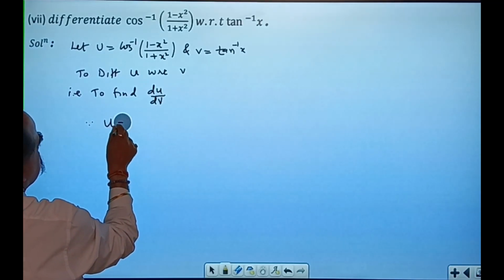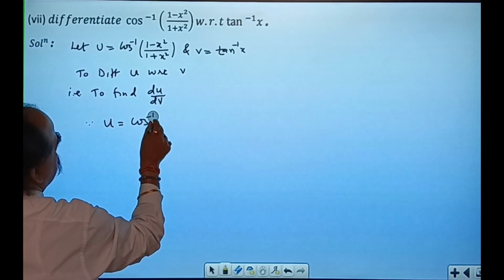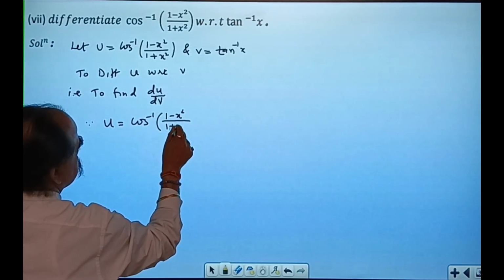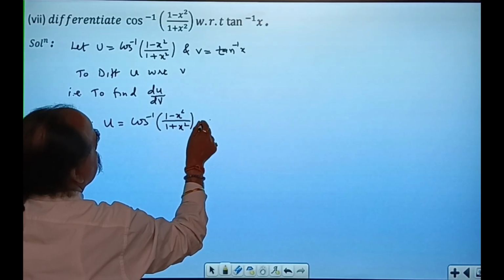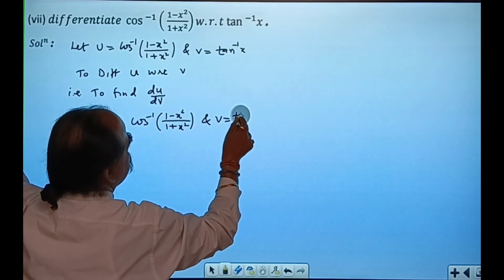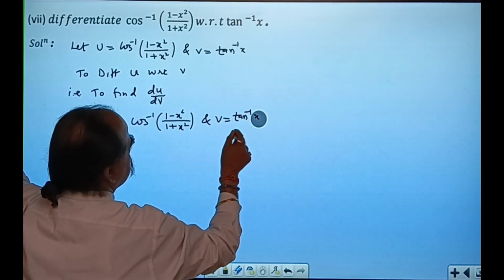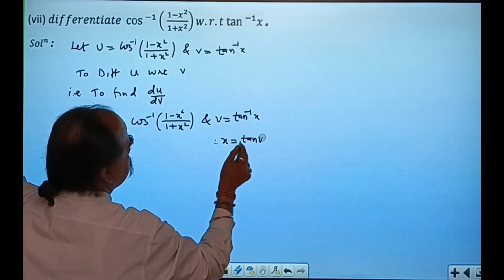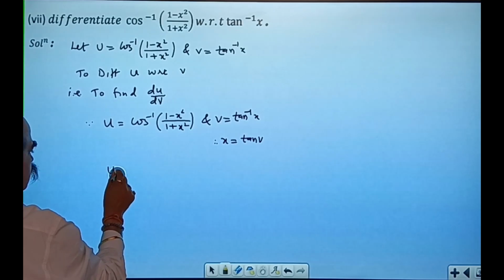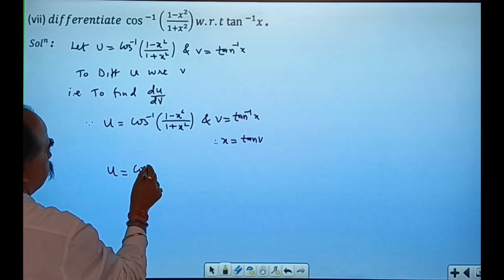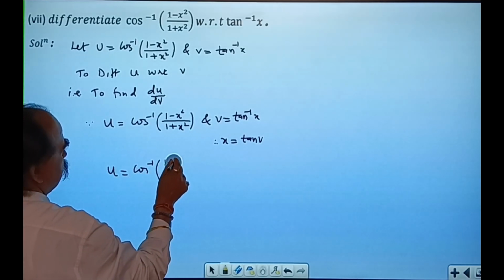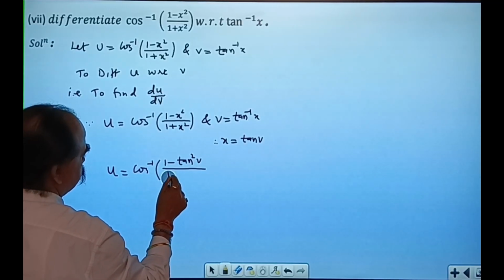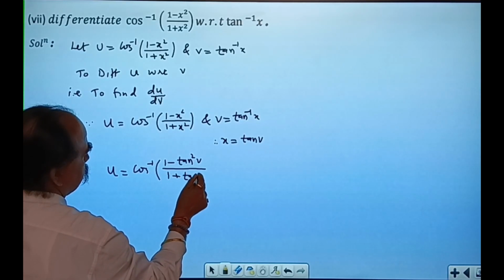Since u is what? Cos inverse 1 minus x square upon 1 plus x square, and v is what? Tan inverse x. So from here we'll get x is equal to tan v. Replace. U will become cos inverse 1 minus tan square v upon 1 plus tan square v.